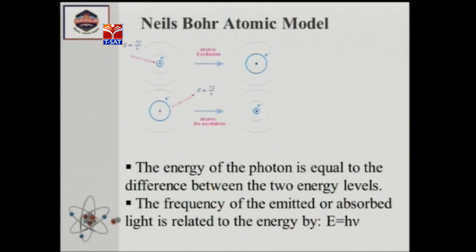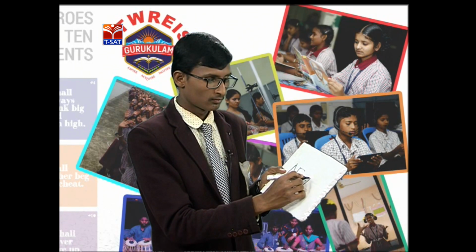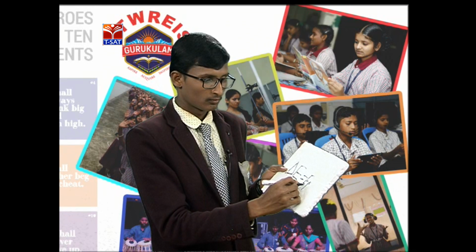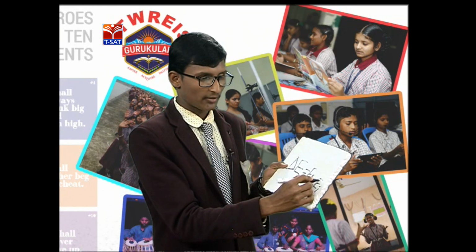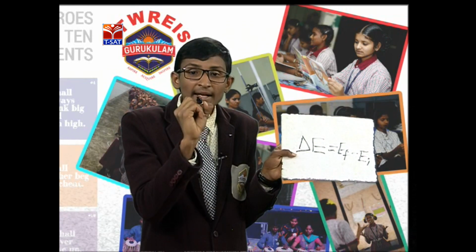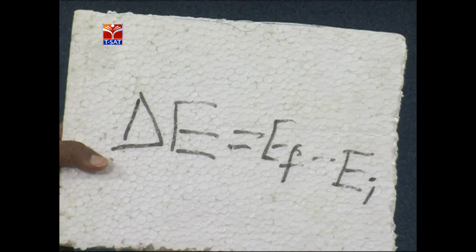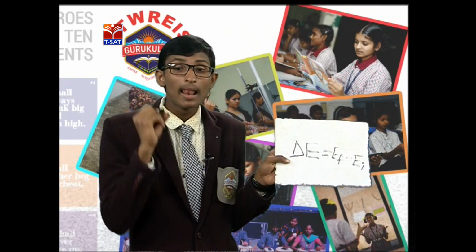This equation is given by delta E equals EF minus EI, where the energy of a photon is equal to the difference between two energy levels.